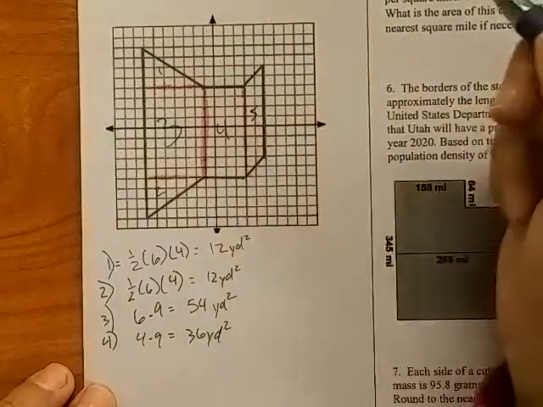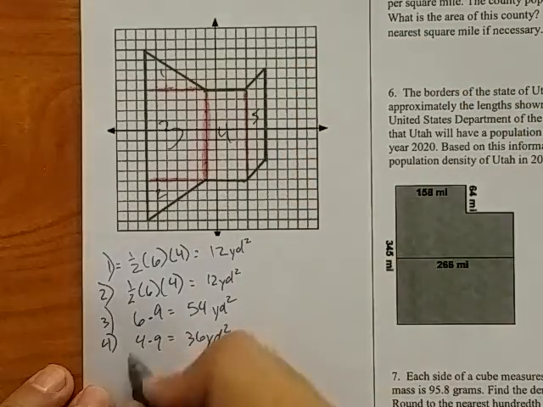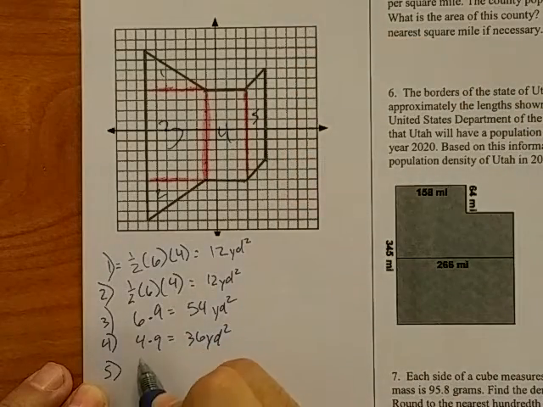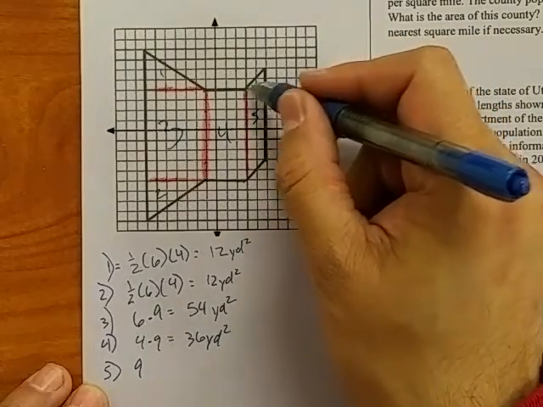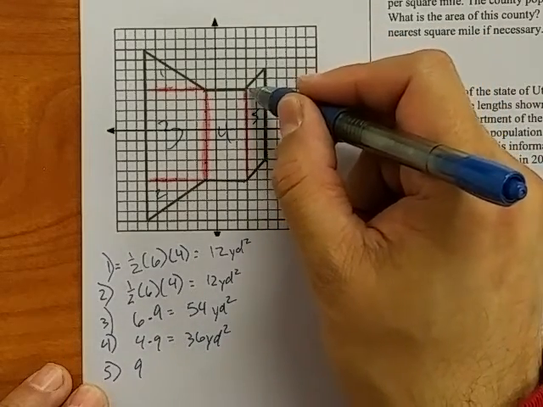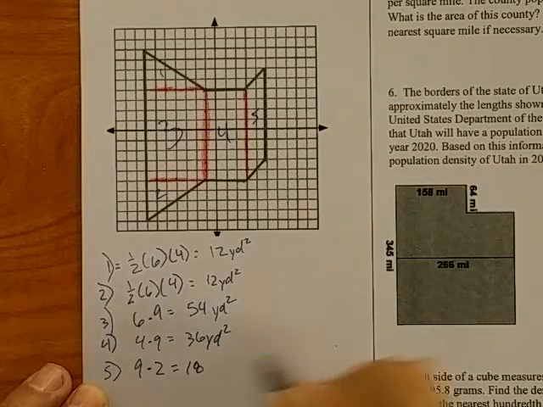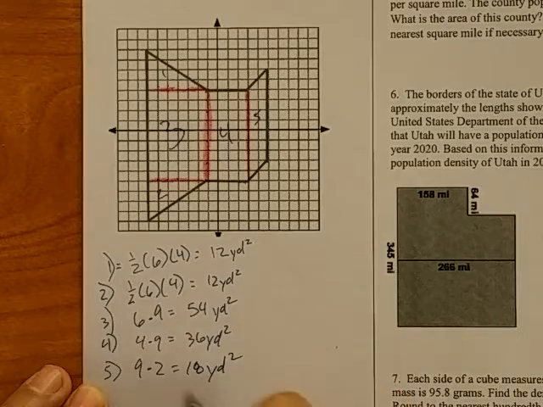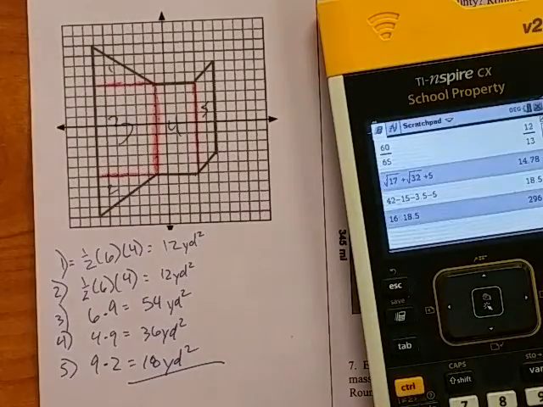And part 5, which is a parallelogram, which is base times height. So it's going to be this right here, which is going to be 9, because that's going to be the base. And then the height, this is only going to be 2 units tall. So 1, 2. 18. So we need to add all those up, and that's going to give me my area.